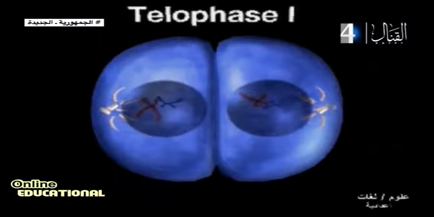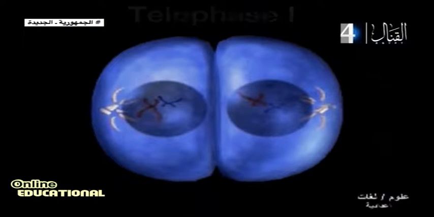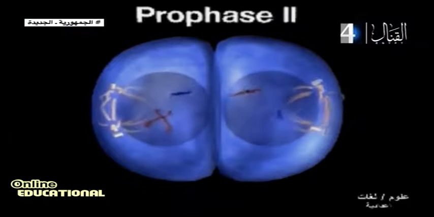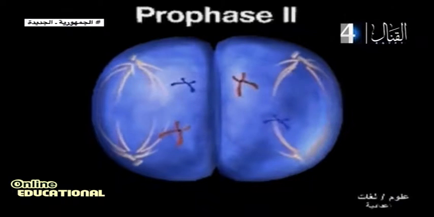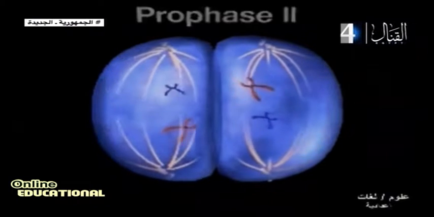Okay, meiosis division has two steps. The second step starts with prophase 2.